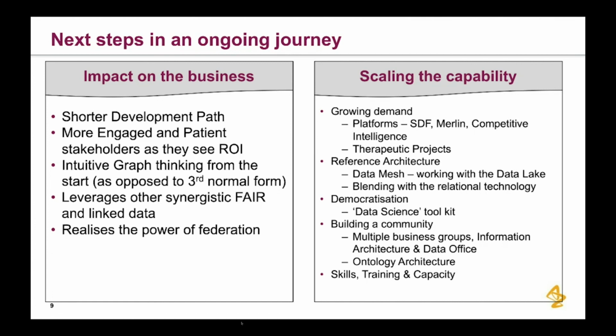And I think Tom alluded to the whack-a-mole problem, the risk that we end up with just a complete Tower of Babel around our models. And that's one of the key things that we're starting to really work on really early in our journey here, as we start to pull people together. It's to bring the business groups together, and it's not just the research, the therapeutic areas, and the data science in those areas, but also the information architects and the data office to bring that together.